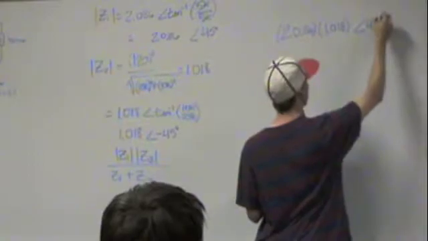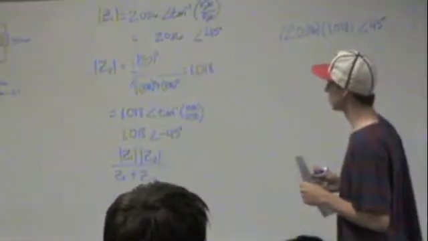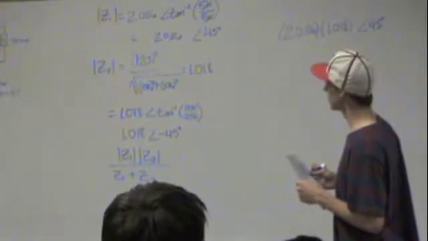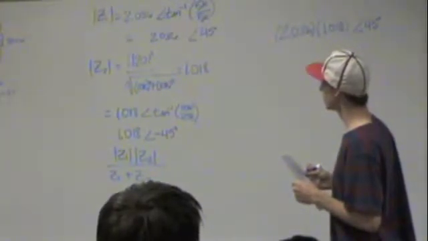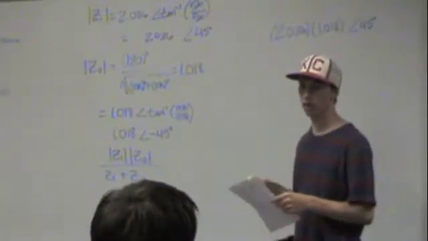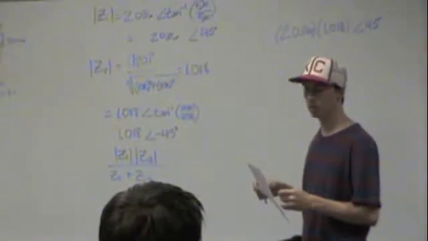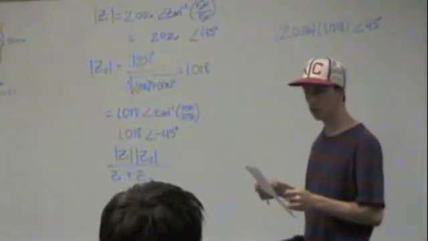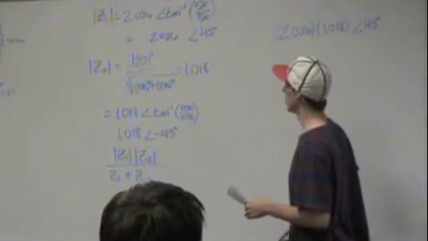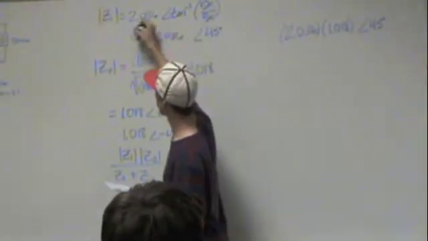Can I point out something? Yes. So for Z1, the magnitude won't have an angle part. So if you have the magnitude of Z1, then you don't have the angle. Right. So writing the magnitude of Z1 and having the magnitude and the angle there is incorrect. Yeah. So the magnitude is just this portion, you're right.